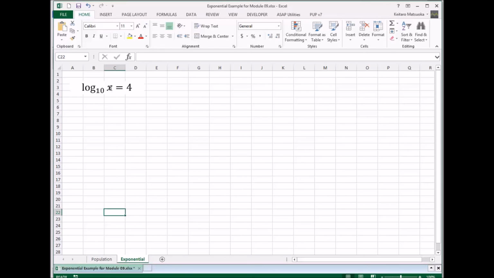That's the question. So this is saying, give me a number x that has 4 zeros after 1, 10 to the 4th power. So in this case, do 10 to the 4th power, 10,000. That's your answer to this kind of log problem.